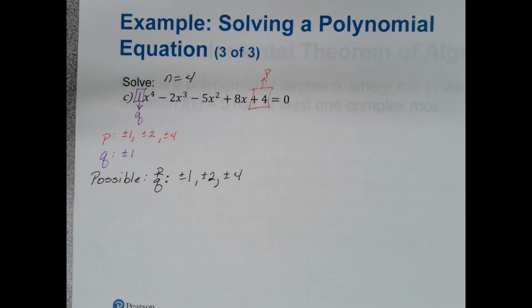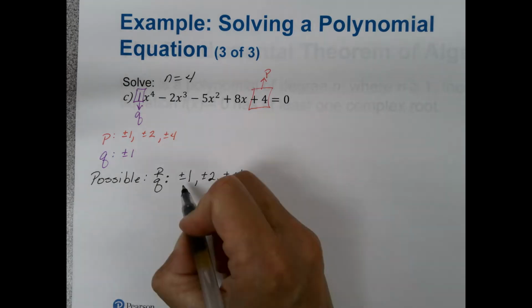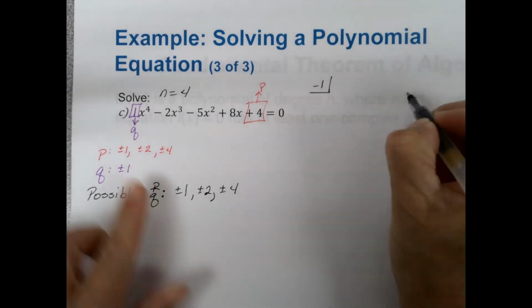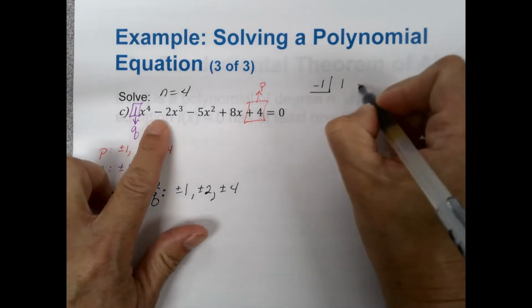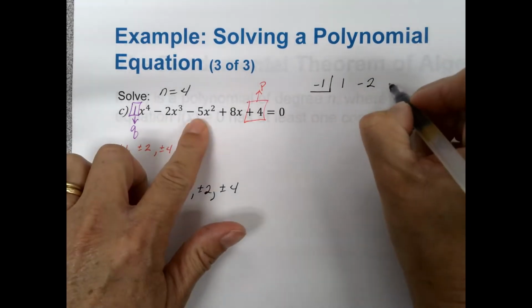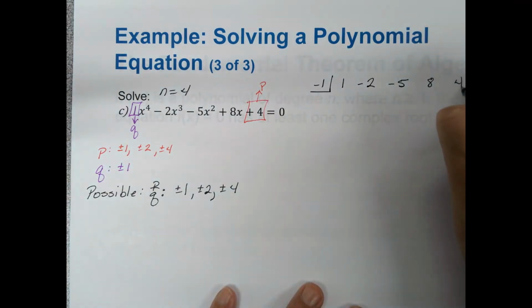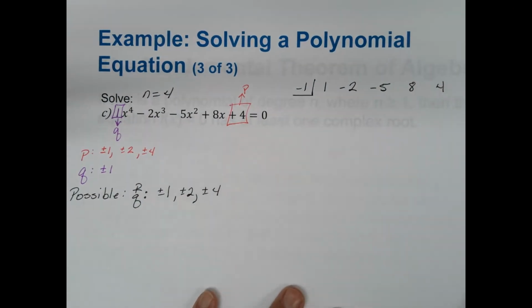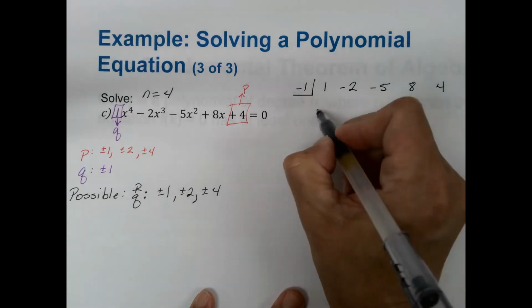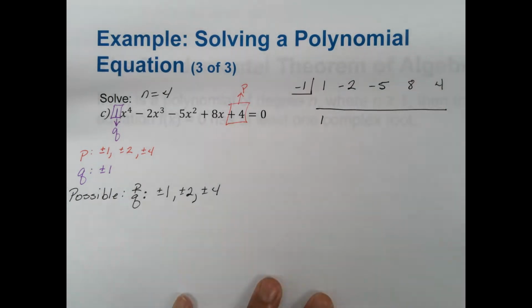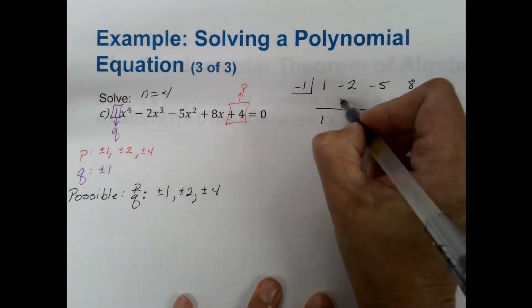All right, then let's just start going down the list. Let's start with the negative 1. My coefficients are 1, negative 2, negative 5, 8, and 4. Skip a little space and draw our line. We bring down the 1. Negative 1 times 1 is a negative 1.